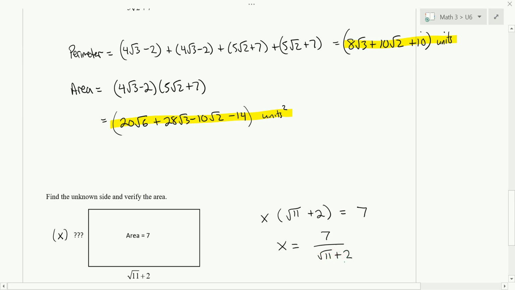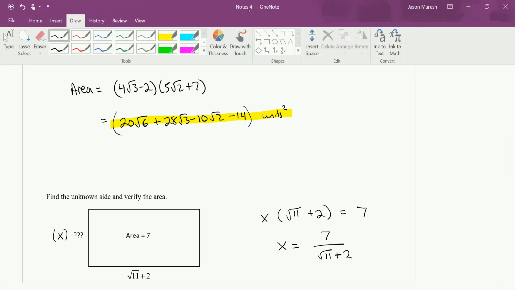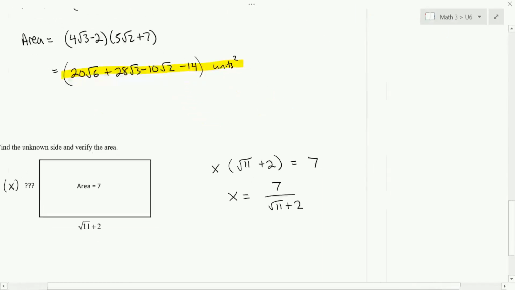And that's our answer. But what's wrong is we got a square root in the denominator. And so we need to rationalize that. So any idea what to multiply that by? Good job. You guys are learning something.